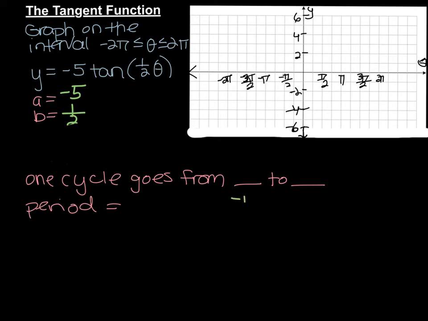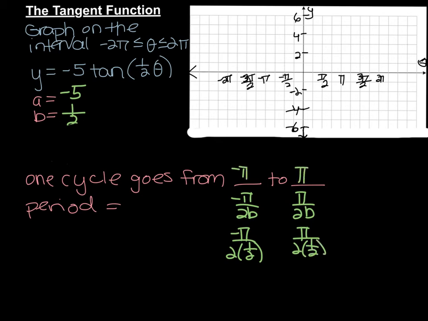So I'm just going to write that down here as a reference. So the cycle in this case is going from negative pi over 2 times 1/2 up to positive pi over 2 times 1/2. So it's going from negative pi up to positive pi. So those are our asymptotes here.